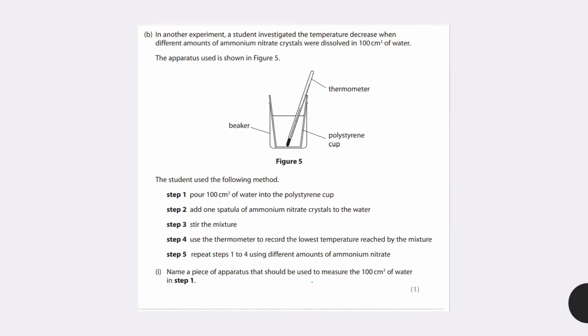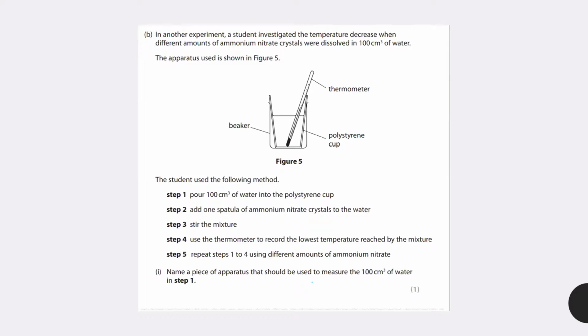We have a beaker, a polystyrene cup, like one that you might get from an event with tea or coffee in it, and a thermometer. The student used the following method. Step 1, pour 100 centimeters cubed of water into the polystyrene cup. Step 2, add 1 spatula of ammonium nitrate crystals to the water.